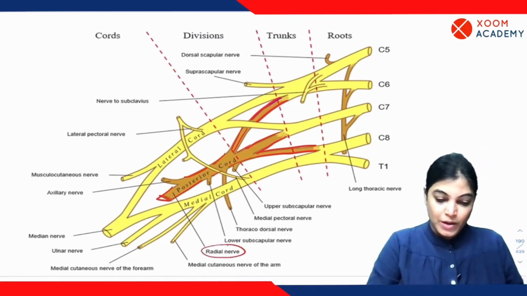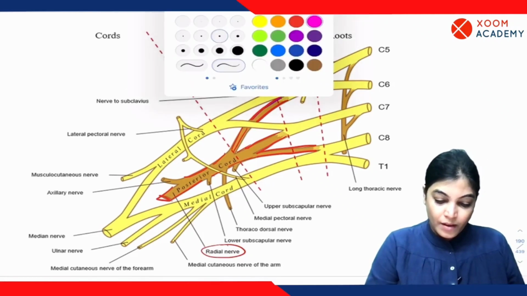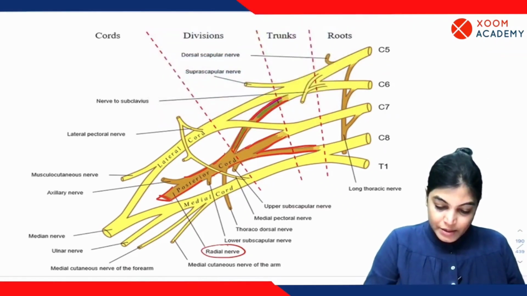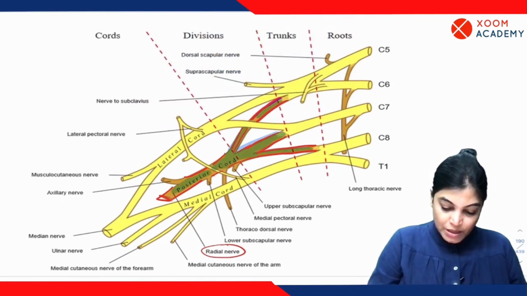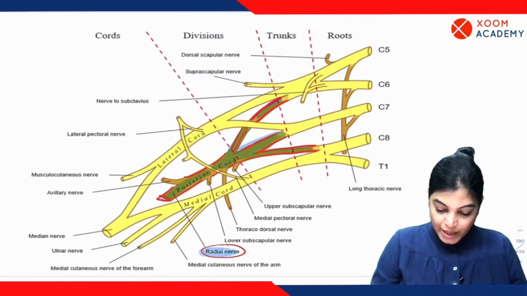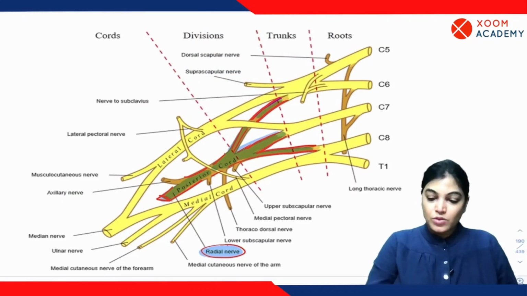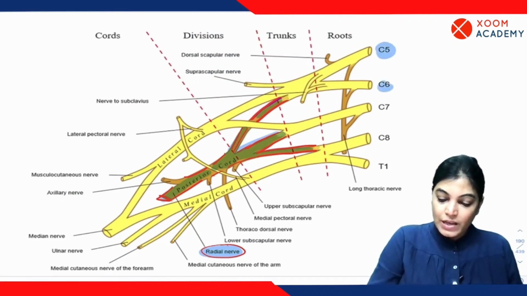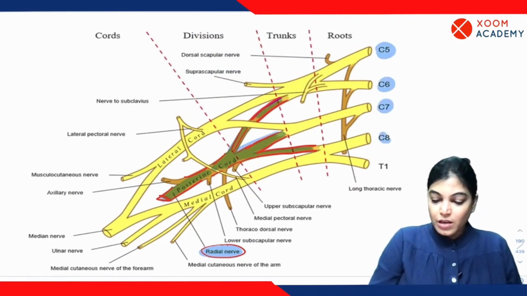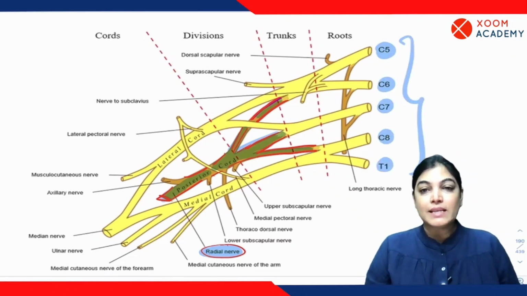So this is the largest branch of the posterior cord, called the radial nerve. That is why it will have the root value of all the roots of the brachial plexus, that is C5, C6, C7, C8, T1.